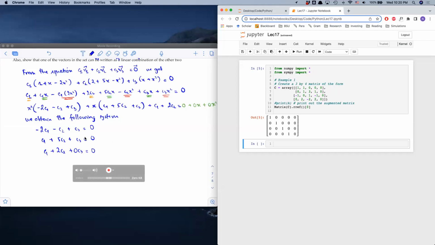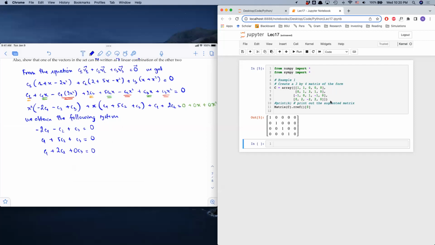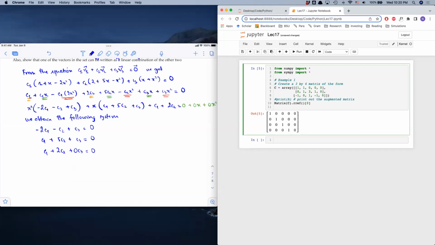All right, so the augmented matrix of this system is, let me delete a few things here. We just need the entries of the 3 equations in each row. The first row is -2, -1, 1, and 0.